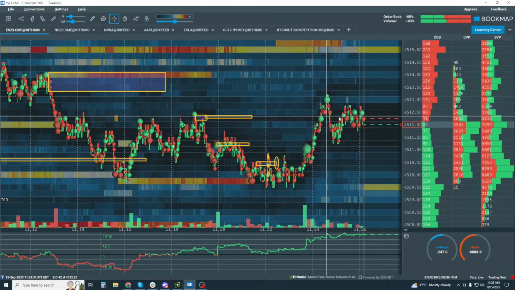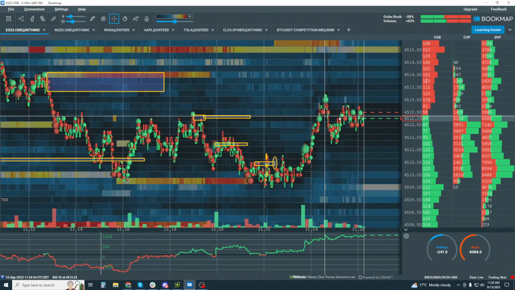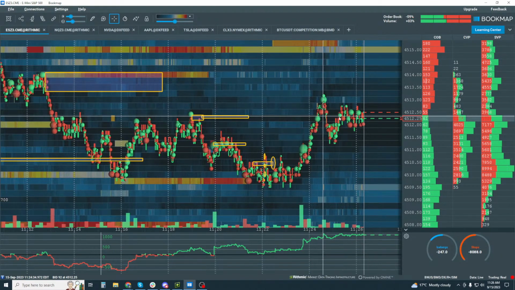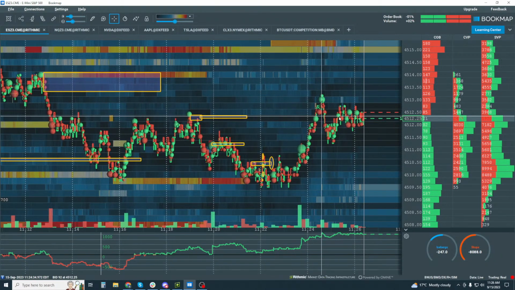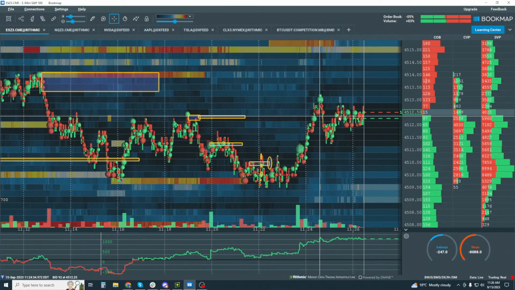Maybe try like a 10,000 lot, or I don't know. You'll see some of the behavior even in demo. The simulator in Bookmap is very good. Okay, so just make sure you're connected to demo, and you can kind of test some of these things.